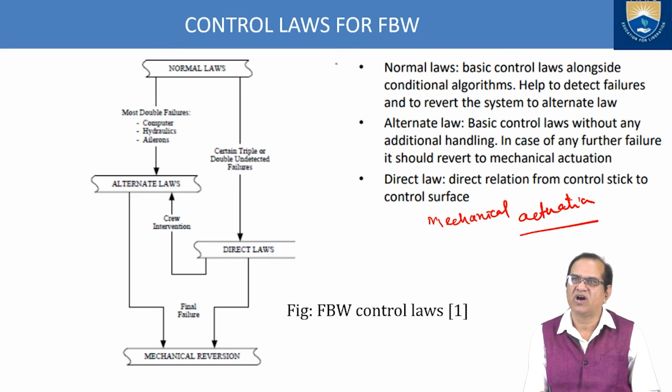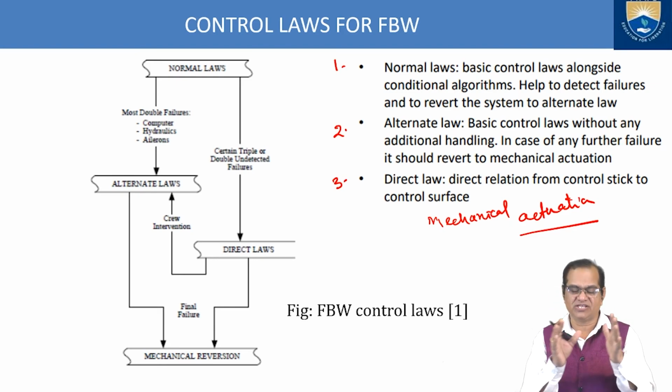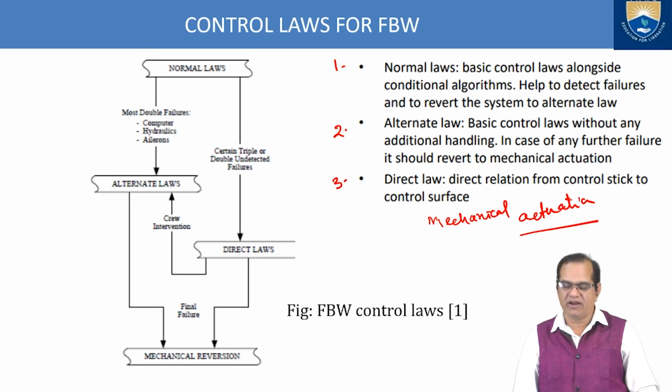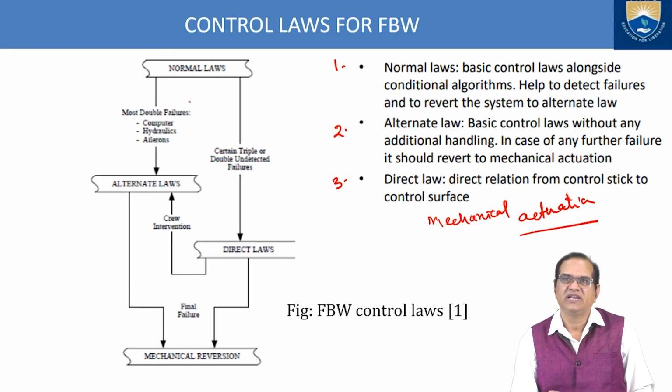Normal law is the first, then alternate law second, and then direct law third. These three laws are depicted in this diagram. In the normal law, everything will work nicely. Then most double failures are of a computer, hydraulics or the ailerons.